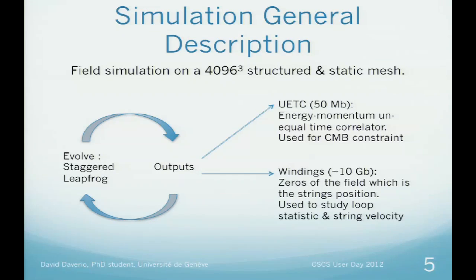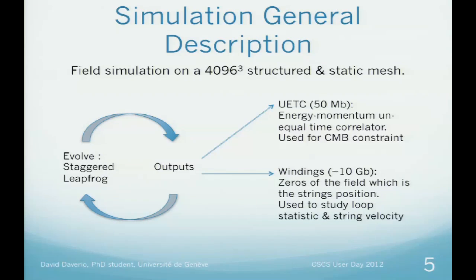The simulation general description: the idea of our work was to move to a 4096 cubed structured and static mesh. The previous simulation was at 1000 cubed points. So, as we are using exactly the same space resolution, we multiply the volume by a factor of 64.